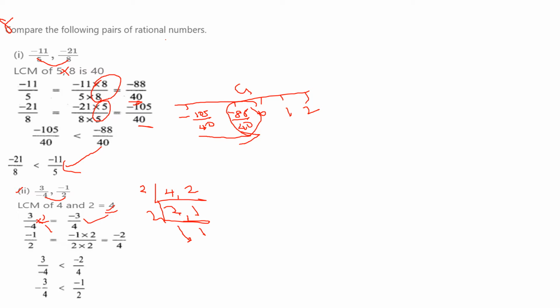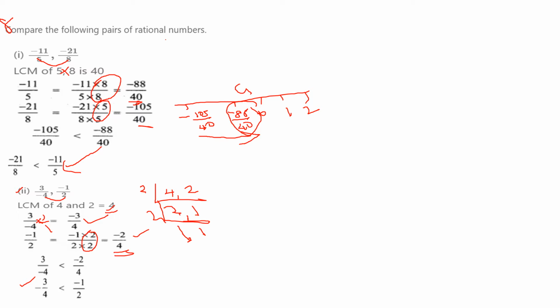And minus 1 by 2 means we need the product 4, so multiply 2 by 2 in numerator and denominator. Minus 1 into 2, minus 2, by 2 into 2, 4. So 3 by minus 4 we can write as minus 3 by 4. Here minus 2 by 4.